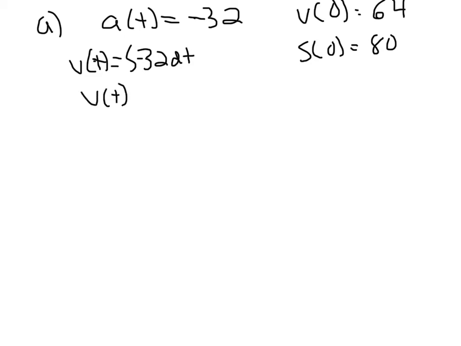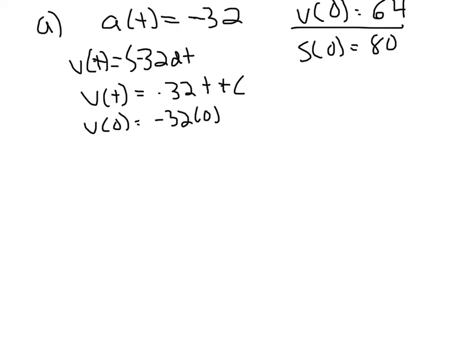So reversing the power rule, V of t is equal to negative 32 t plus c. To find the c, I use this piece of information right here. V of 0 is equal to negative 32 times 0 plus c. So c is equal to 64. So now I know my velocity function is equal to negative 32t plus 64.